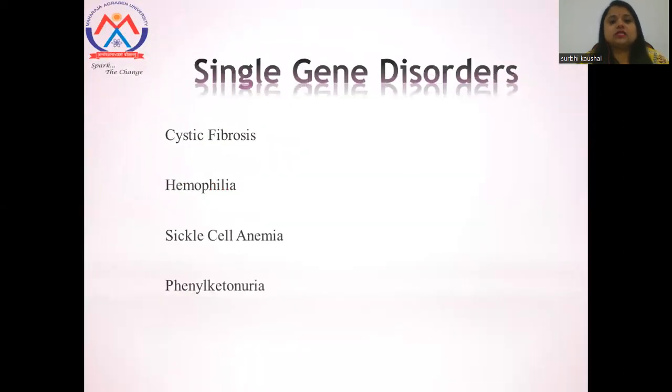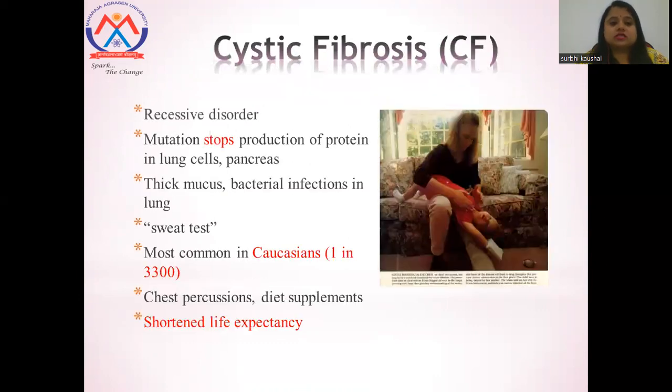Next are the single gene disorders. These are of four types: cystic fibrosis, hemophilia, sickle cell anemia, and phenylketonuria. Talking first about cystic fibrosis. It is a recessive disorder. Mutation stops the production of protein in lung cells as well as in the pancreas.